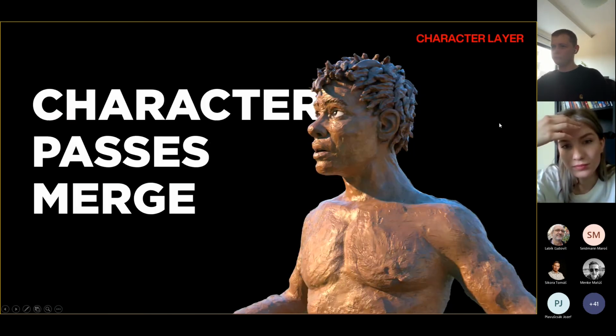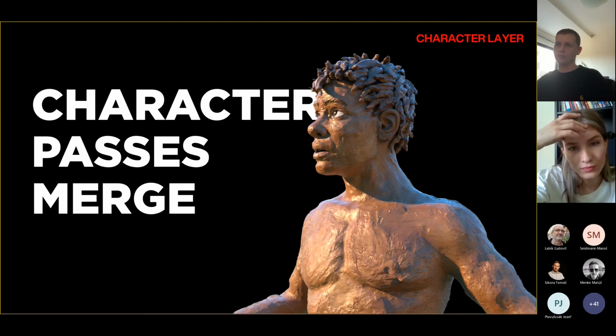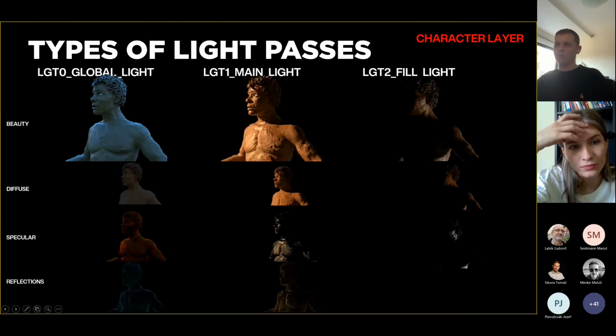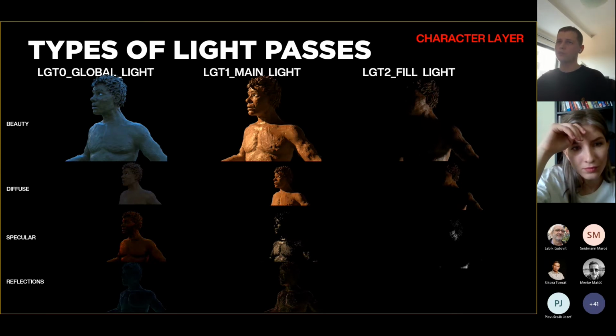So, character passes merge: how to work with all multipass layers in compositing. Character or environment layers are divided into many light groups. Types of light passes for the character: the first light source is a global light created using an HDR map.